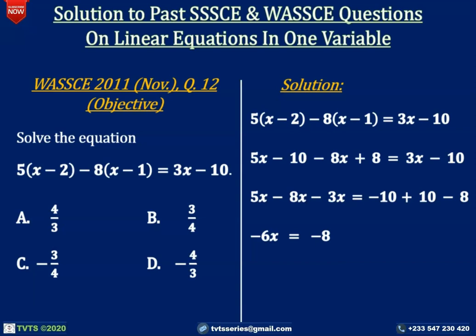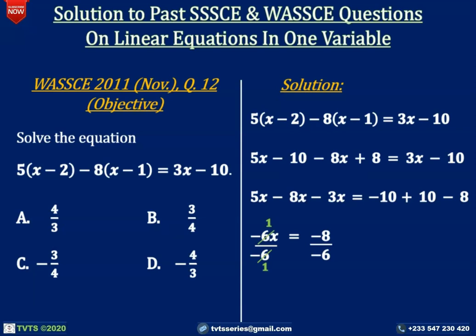In order for x to stand alone, let's divide both sides of the equation by negative 6. So we have negative 6x over negative 6 and negative 8 over negative 6. On the left hand side, we have negative 6 getting rid of negative 6.